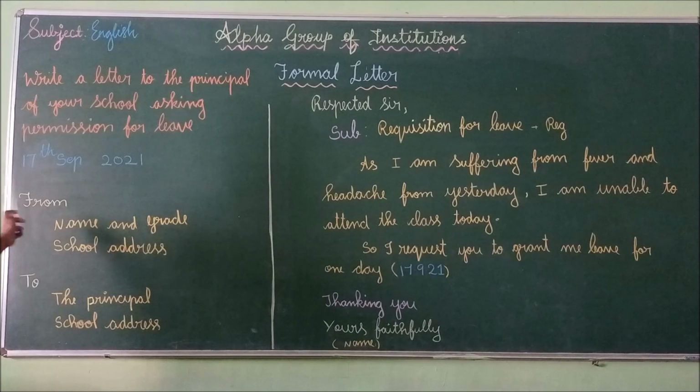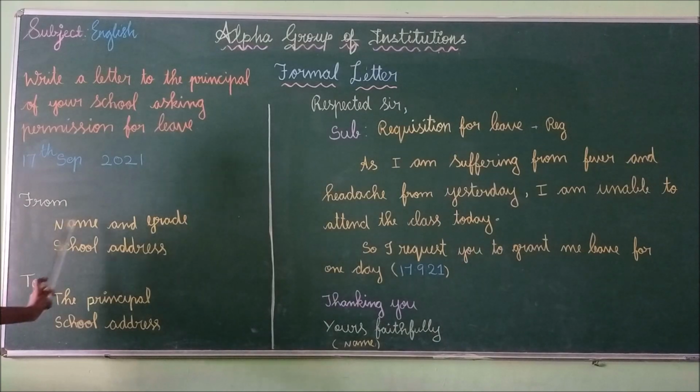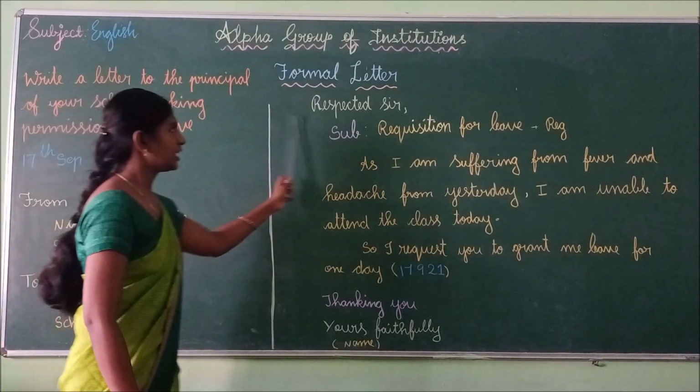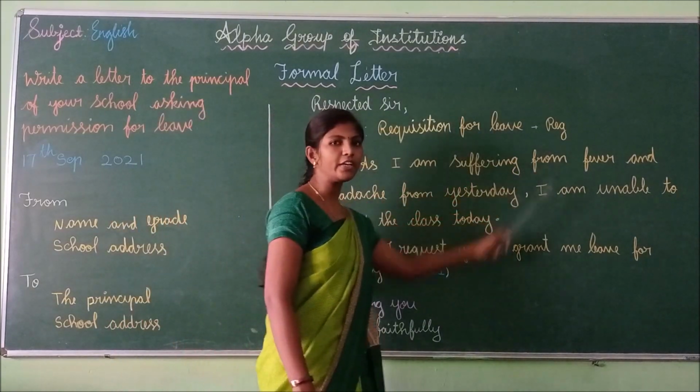Fine. So what is given? The date is given as 17th September 2021, then the from name and grade, and then the school address. Next, to the principal and the school address. Respected sir, subject: requisition for leave.